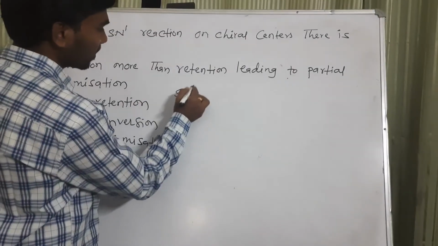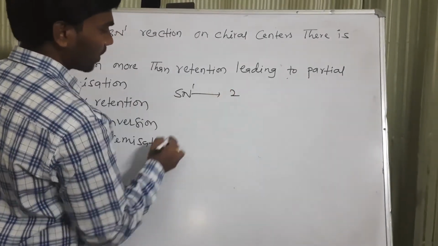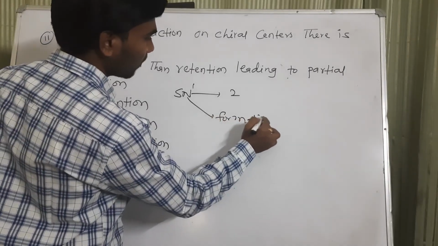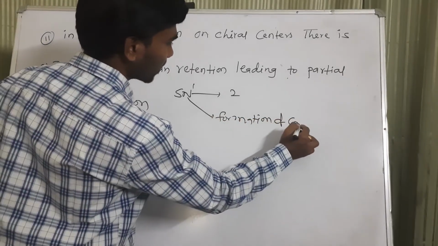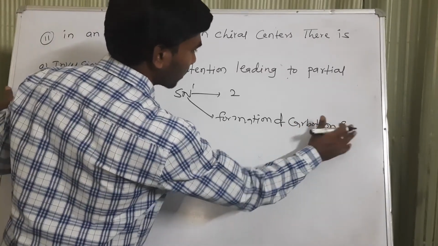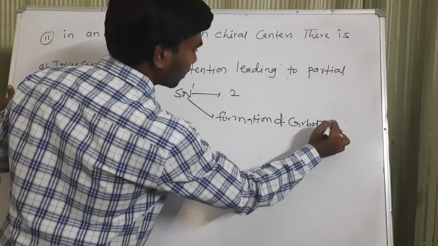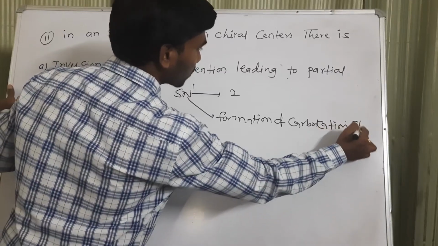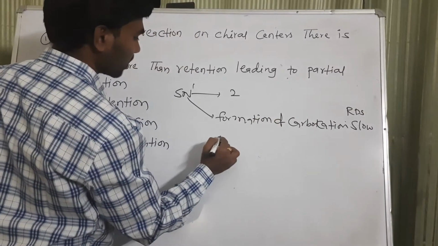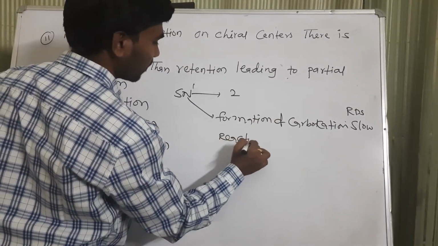SN1 reaction completes in two steps. In step 1, formation of carbocation takes place. It is the slow step, the rate determining step. The second step is the attack of nucleophile.